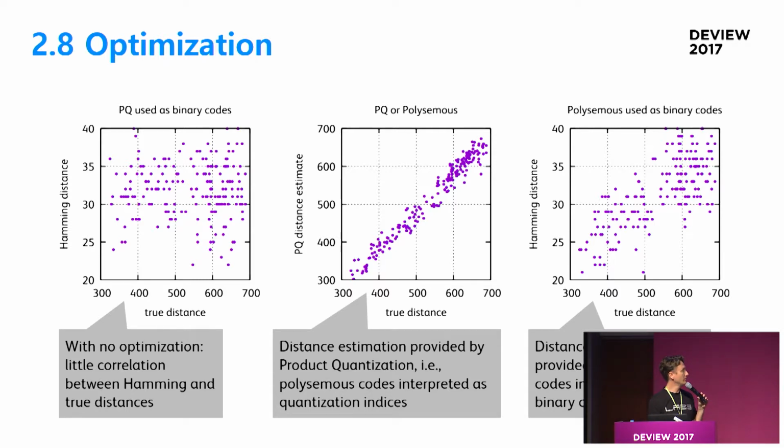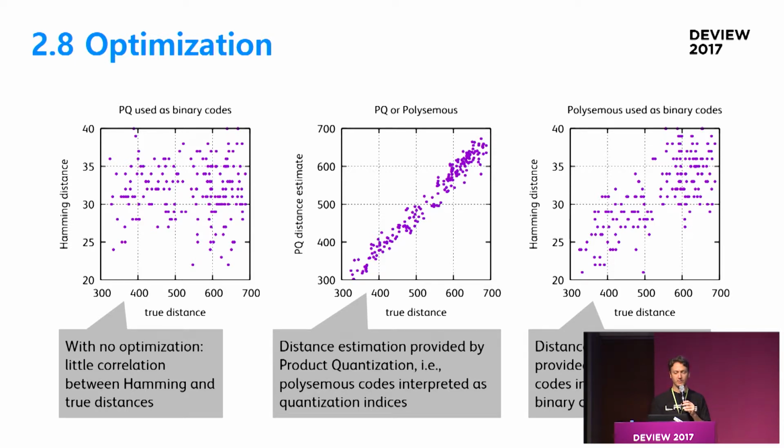And so there is little correlation between the Hamming distance between the PQ indices and the true distances. And this is not surprising, because again, we did not do anything to have this property. Here what I show is the correlation between the PQ distance and the true distance. And as expected, there is a very strong correlation.